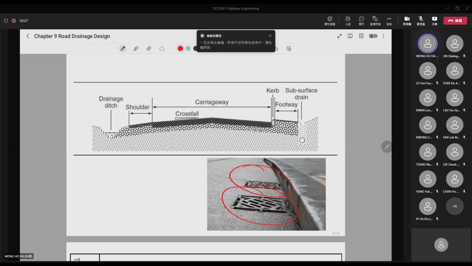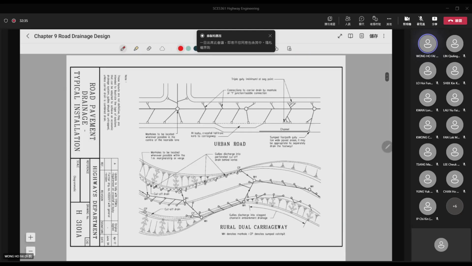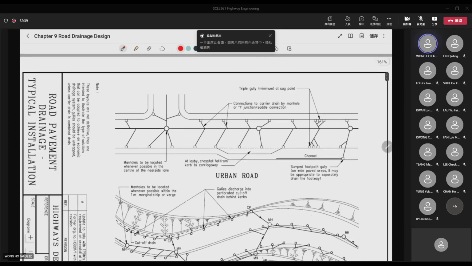From the manhole, it is transferred to the next one, and finally it is transmitted to the sea. So this is the cross section of the road. As you can see here, this one we call the gully. It is put on the side of the road.